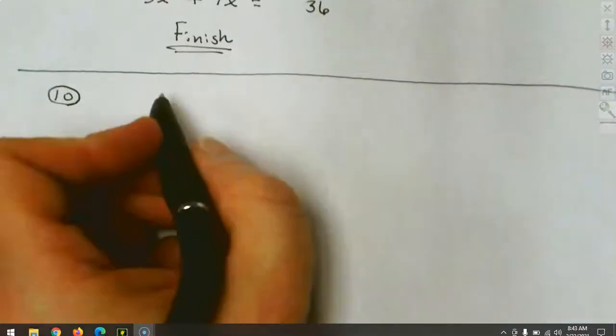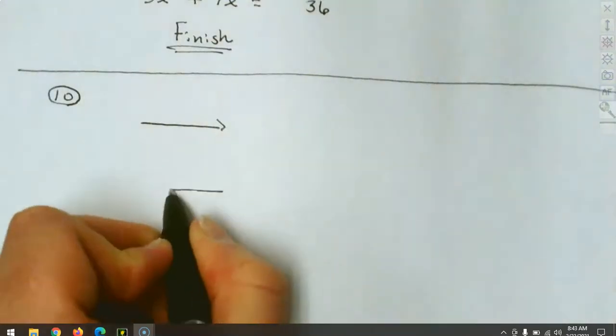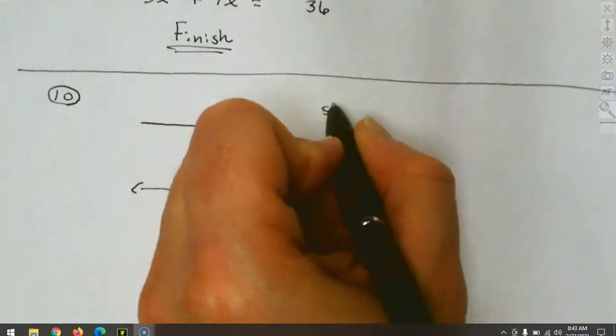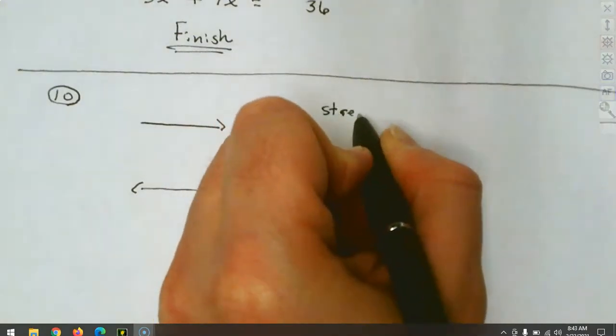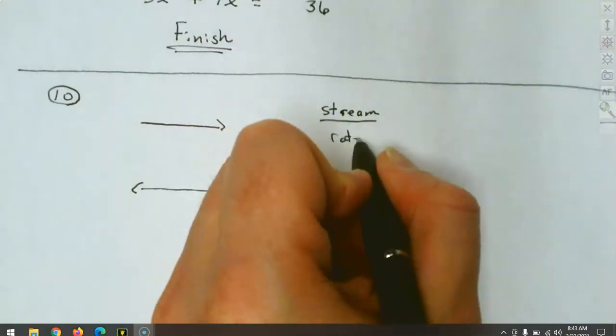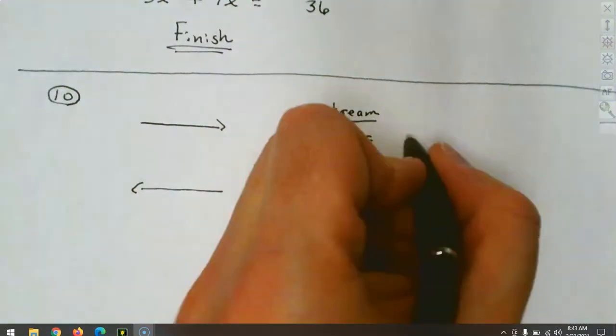We know we've got a stream and we've got a boat here. So they're going in opposite directions like that. And then we have the stream that's either going to add to it or subtract from it. And that stream has a rate of speed on question 10 that is 6.